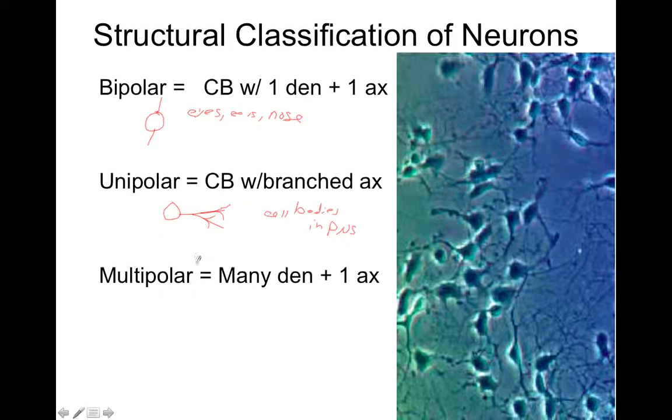Multipolar, like the ones we just looked at, have a cell body with an axon and then many dendrites. And these multipolar ones are the primary neuron in the central nervous system.